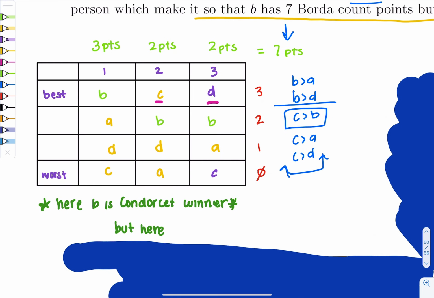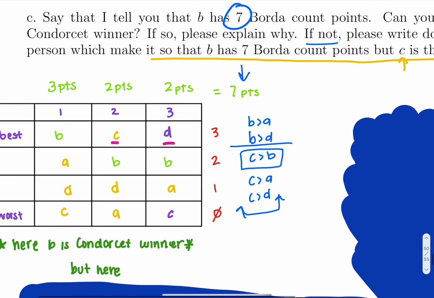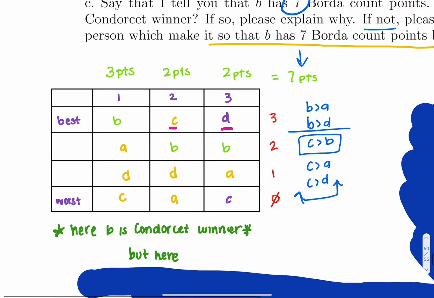So first, we would need B either here in first place once, and B here 2 times in second place. So they would receive 3 points from 1, 2 from 2, and 2 from 3. 3 plus 2 plus 2, 7. But let's take a look at whether they are the Condorcet winner.